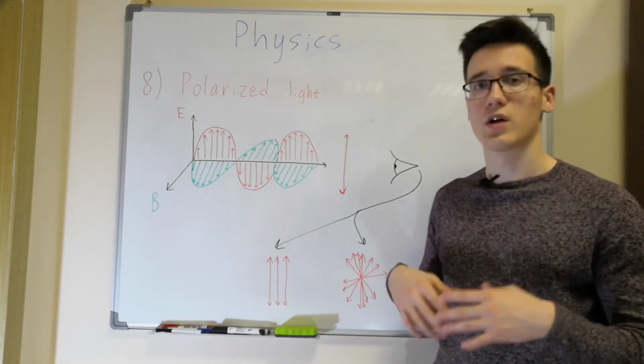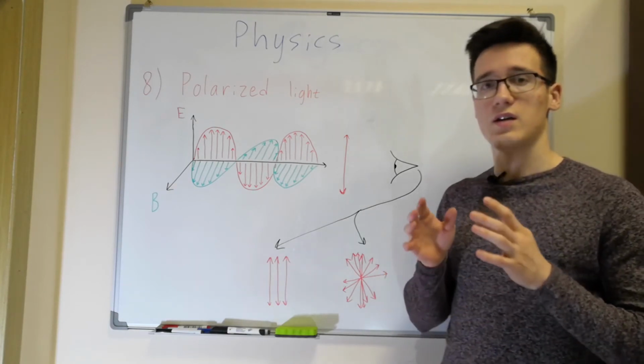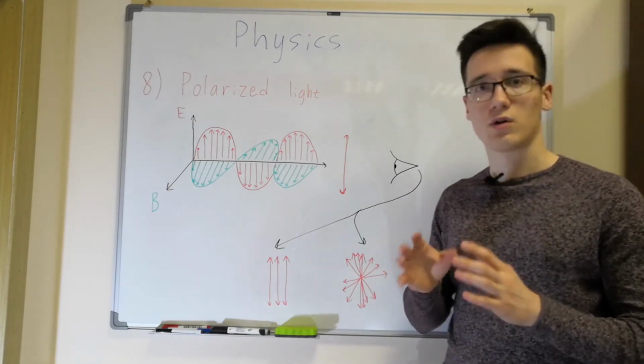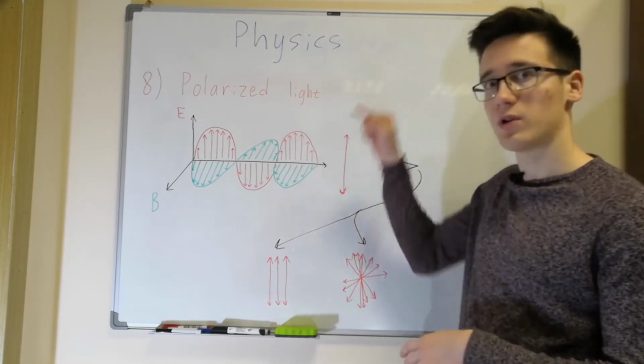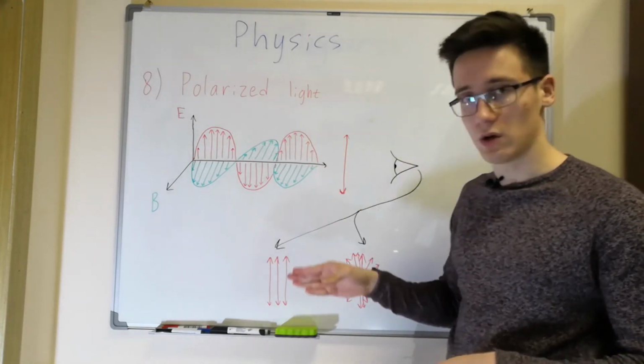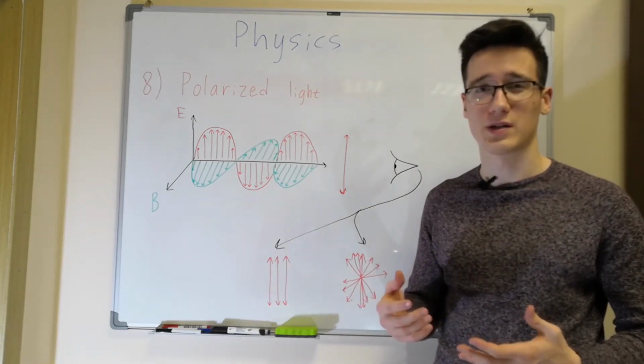So this is called linear polarization of a wave. In theory, the electric field could have been just circling around and not fluctuating in a plane, as is shown here. But this is actually a more complicated case, as you can probably guess.